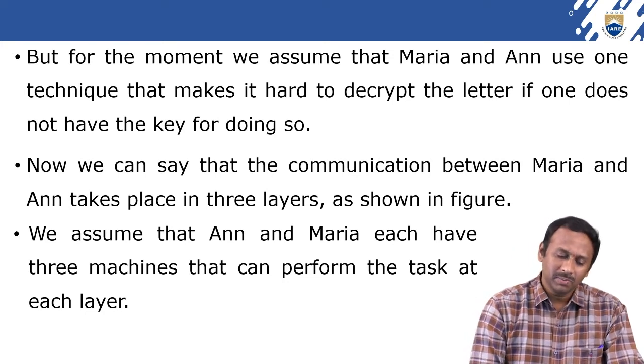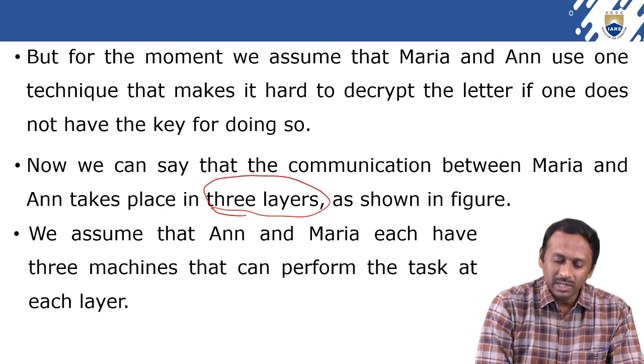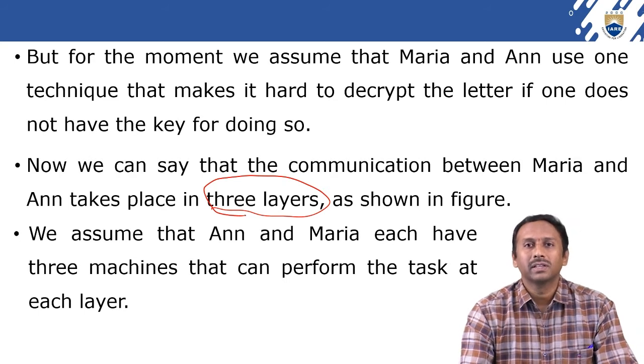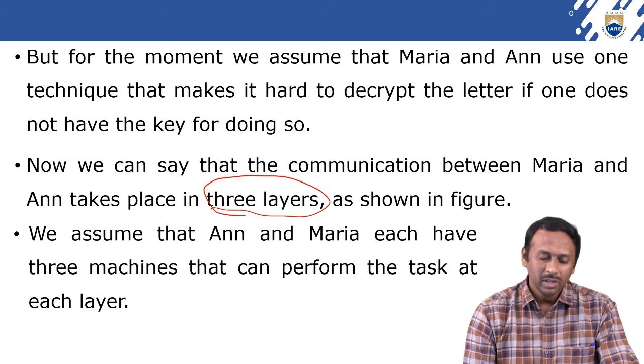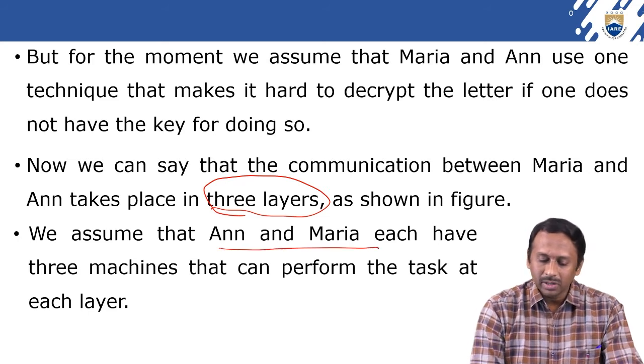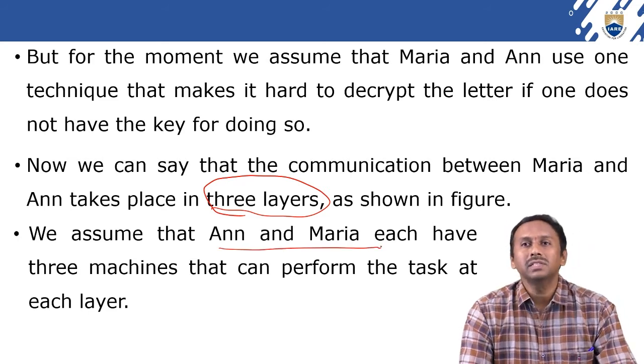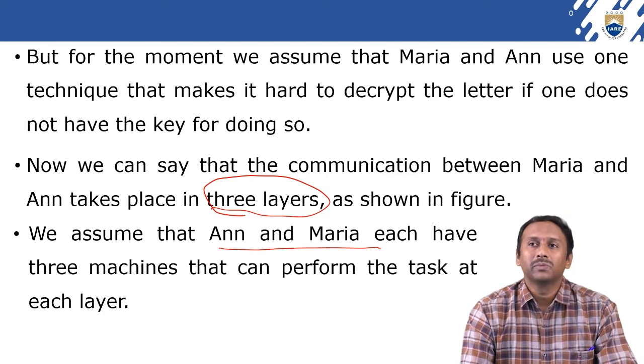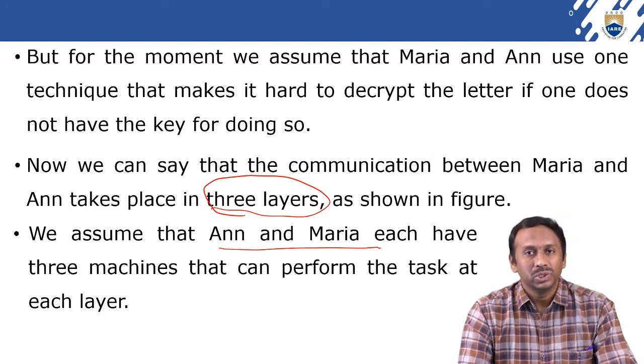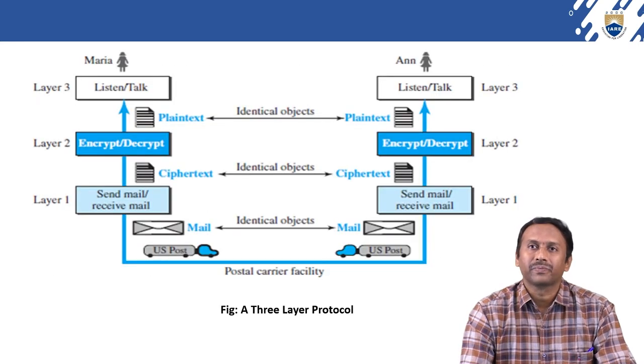Single layer, whereas here there are three layers. We assume that Anne and Maria each have three machines that can perform tasks at each layer. So we'll see the figure and discuss it clearly.